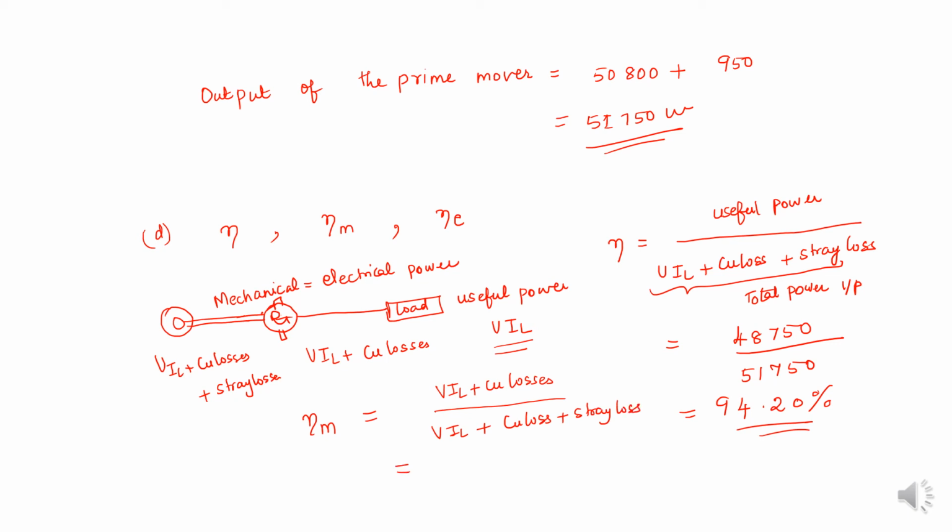VIL plus copper loss is 48,750 plus 2050, that is 50,800, divided by the overall mechanical power input, 51,750.